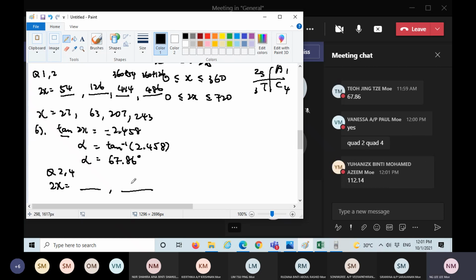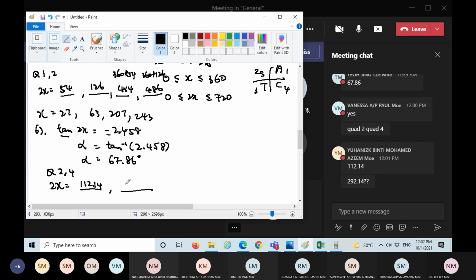Now come the answers. Hanis, there are two answers. So you give which one? This, I guess, is in the second quadrant: 112.14. The other one is in the fourth quadrant. Second quadrant is 180 minus alpha. Correct. Then 292.14, 360 minus the alpha.